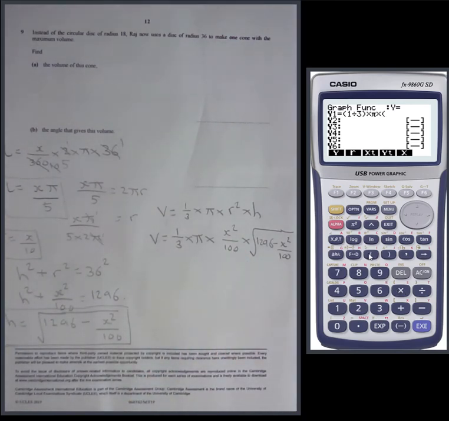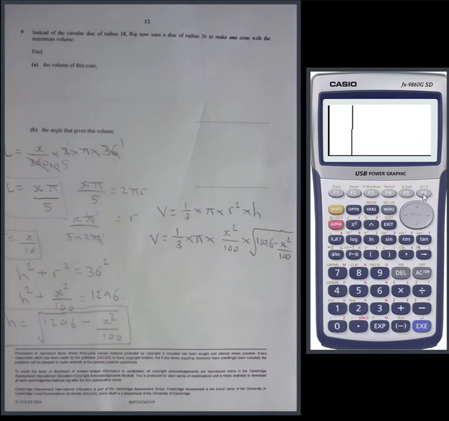So my calculator would say x squared divided by 100 times the square root of, in brackets, 1296 minus x squared divided by 100. Close that bracket off, close the other bracket off, and I think that should be good enough for the model.